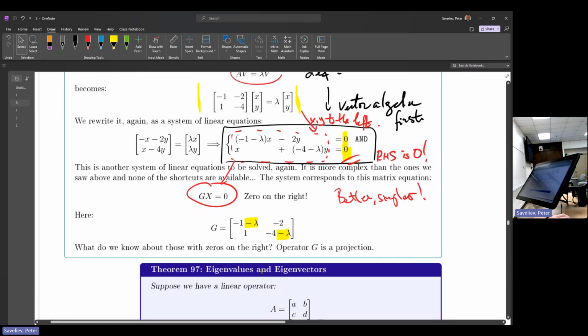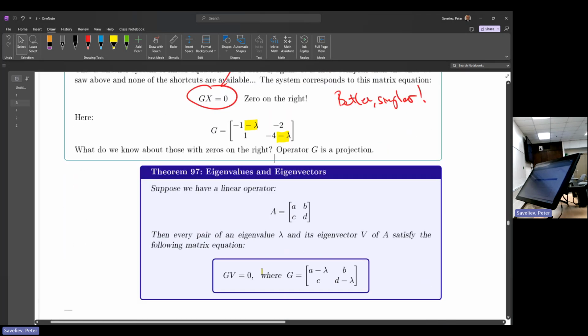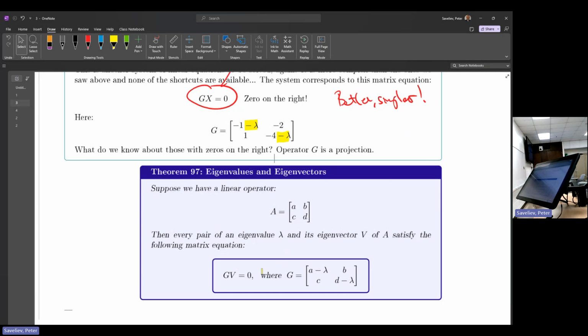So we have a linear operator. Let's formalize this. G is supposed to be a projection. In order to collapse to zero, at least one of the vectors has to be equal to zero. If it's not a projection, there are no eigenvectors. So here's the answer.